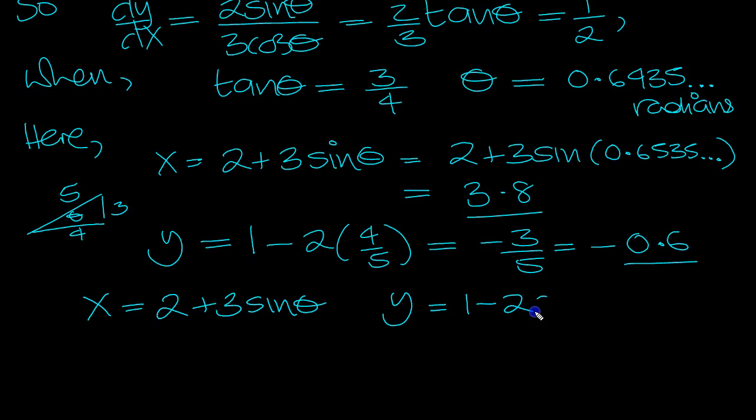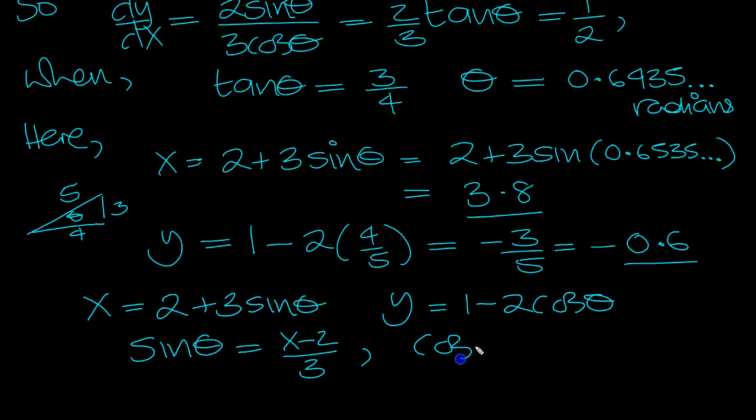So here, sine theta is equal to x minus 2, move the 2 over and then move the 3 underneath. Cosine theta: move the 2 cos theta over here, so it's 1 minus y, and that's 2 cos theta, remove the 2 from times to divide.